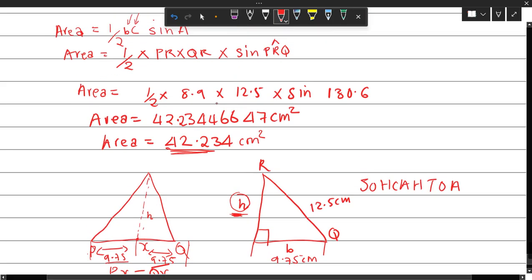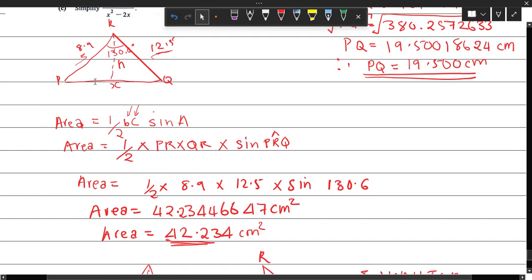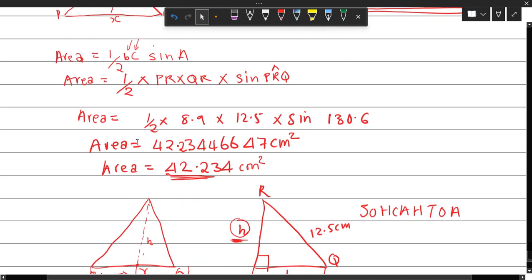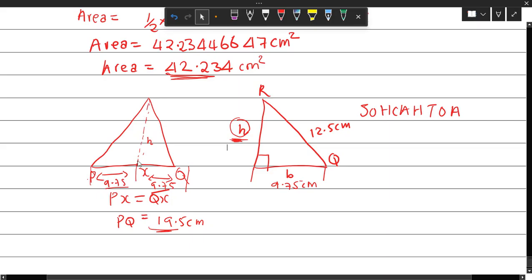First, you calculate the area using this formula. After calculating, you split the triangle. You can get either this side or this side. It doesn't matter because we don't use this length. It's not important to us. What is important is this one, the base.